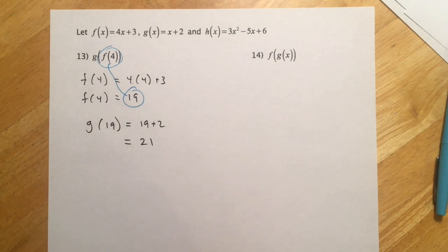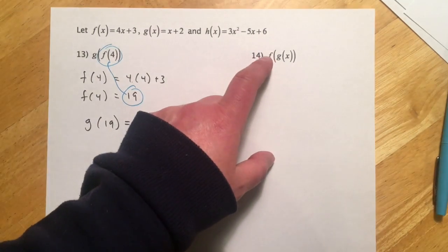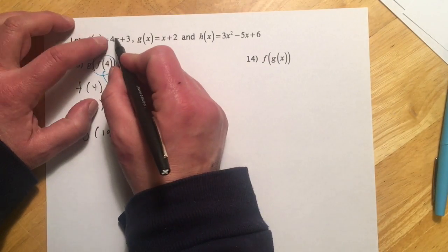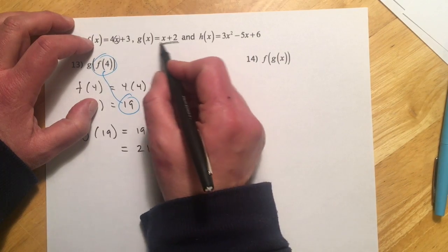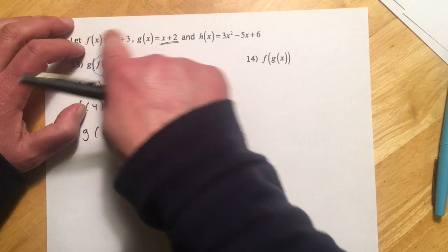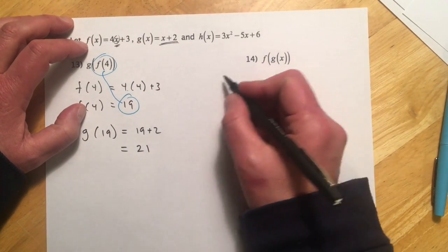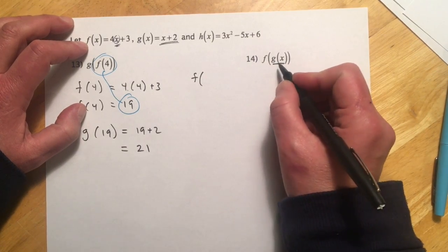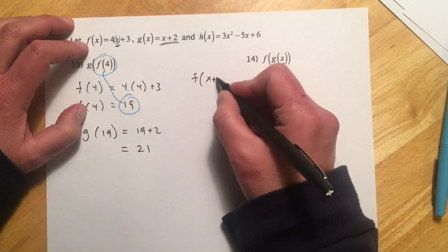The next one, f of g of x, so that means f is going to eat g of x. So wherever there's an x in f right here, this is going to go in for that x, and that will be f evaluated at g of x. If it helps, you could also write it f evaluated at, so g of x is x plus 2.